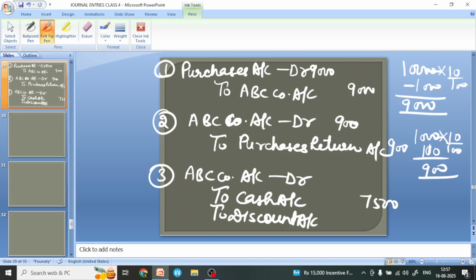You can say ABC company gives you discount. 9,000 minus 900, goods remaining 8,100, and 7,500 you paid. 11 minus 5, 6, 600. You get 600 discount received, and goods will be 8,100.